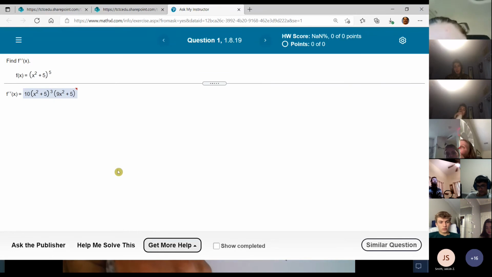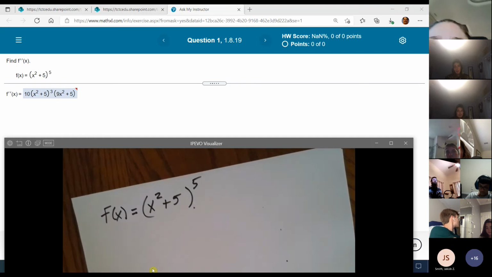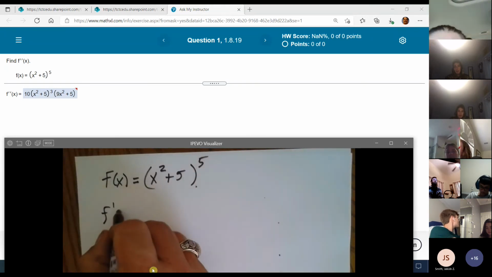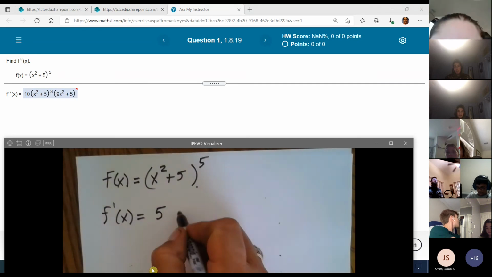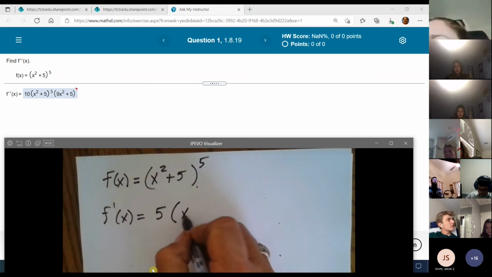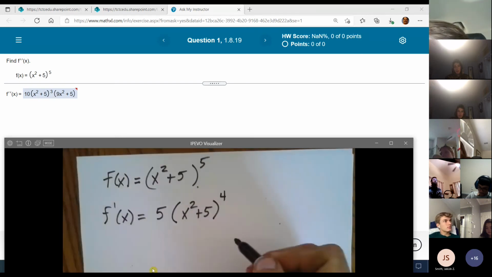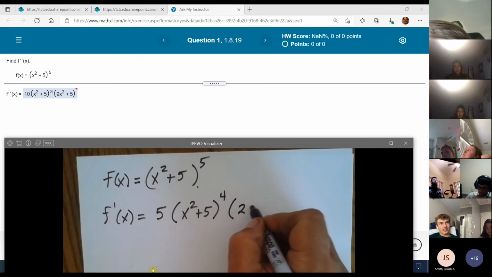F of x is equal to x squared plus 5 to the 5th power. I'm going to do this one more time. I'm not doing it after this. F prime of x is equal to 5 times x squared plus 5 to the 4th power times 2x.